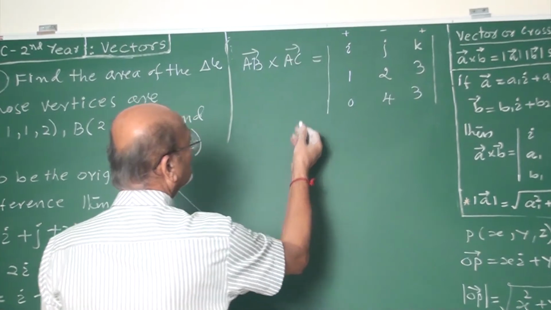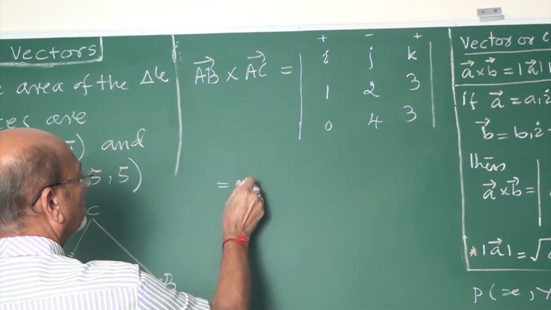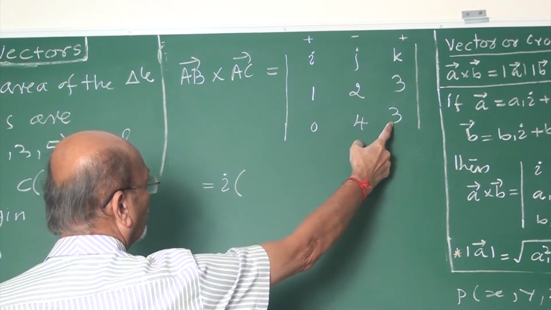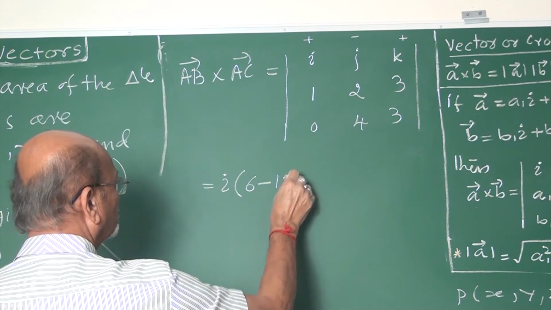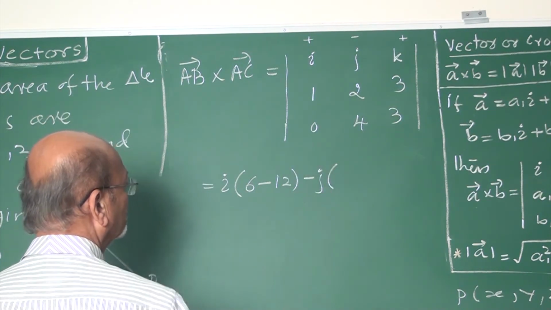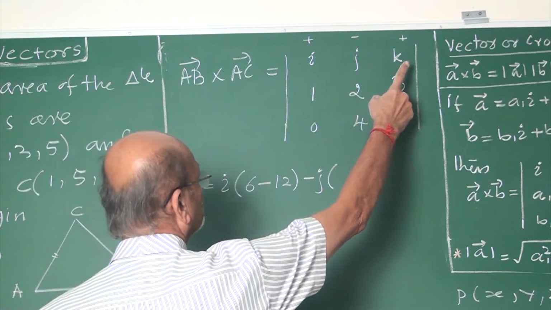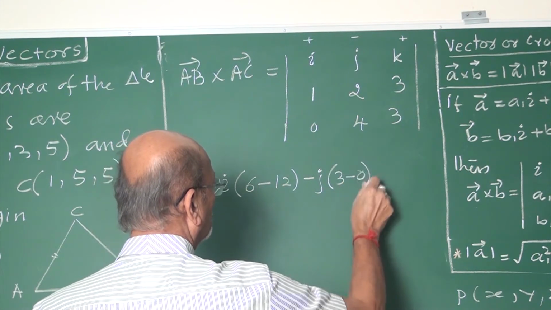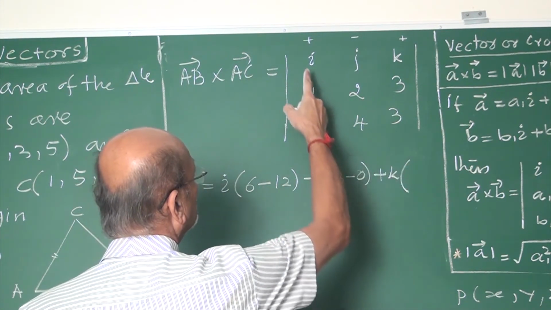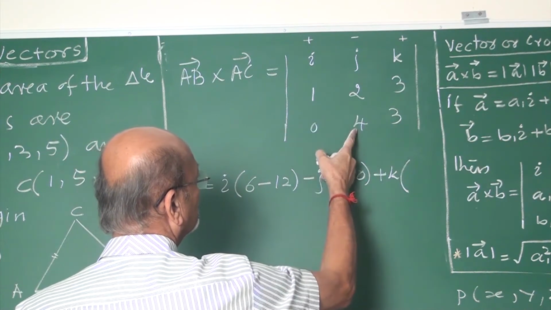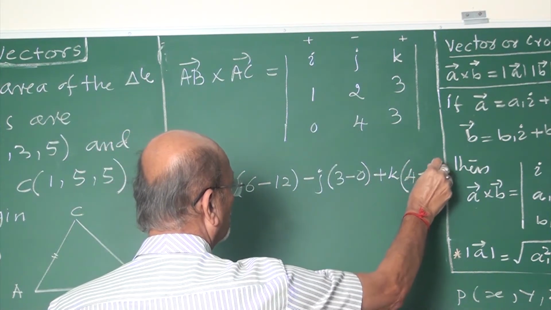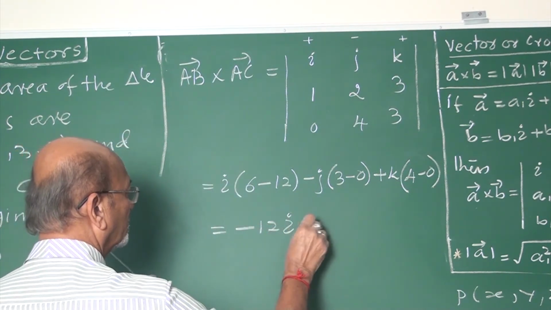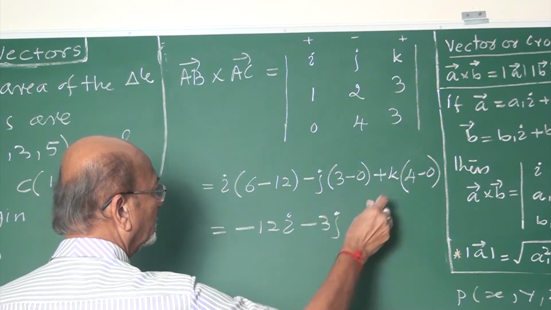You are very well trained with evaluation of the determinant. i into, leave the elements of the first row, first column, cross 6, minus cross is 12, minus j into, leave the elements of the first row, second column, 3 minus 0, plus k into, first row, last column, this is 4 minus 0. Simplified, minus 12i minus 3j plus 4k.